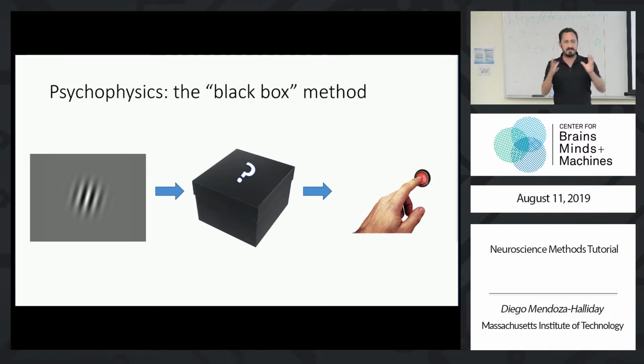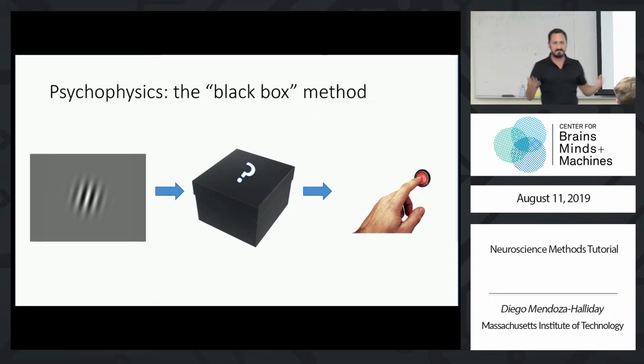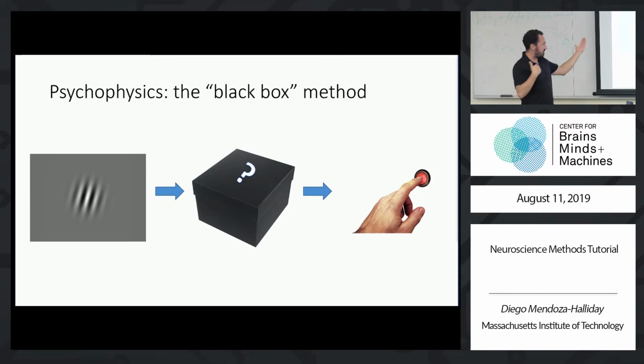You present an organism, a human, an animal, with a particular set of sensory inputs. And then you measure all of its behavioral outputs, what comes out of the black box. And you do that with different inputs, and you get different outputs, and then you can make conclusions based on the correspondence of the inputs and outputs about what might be happening in that black box.